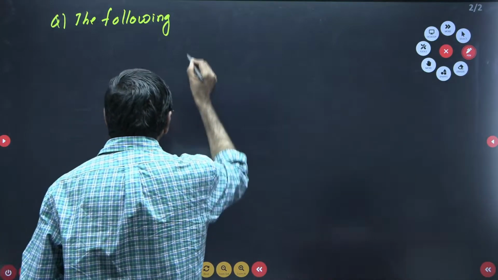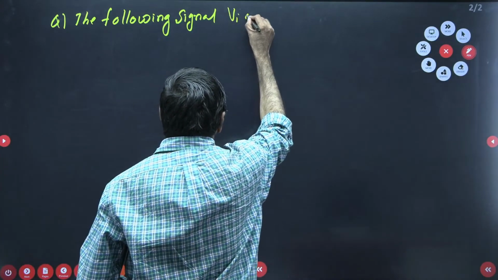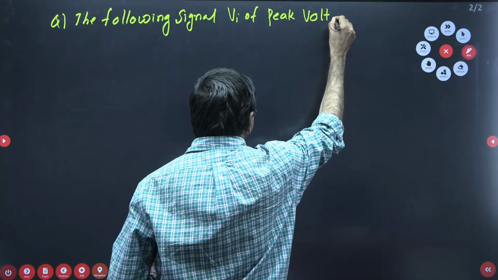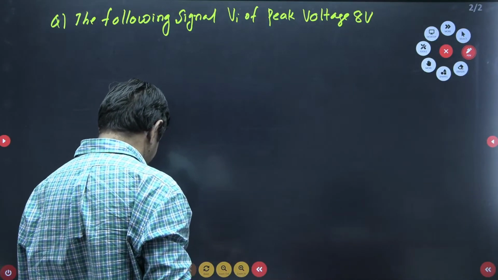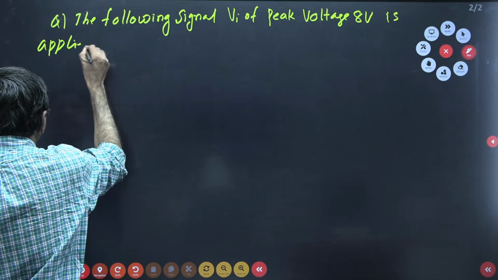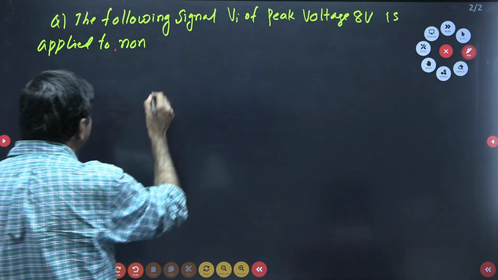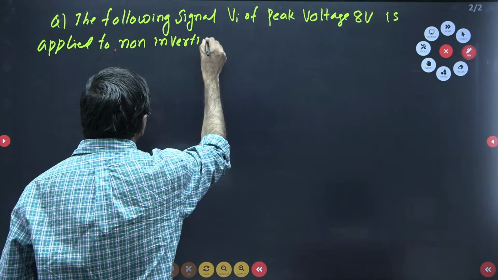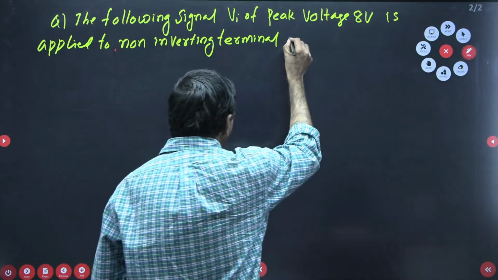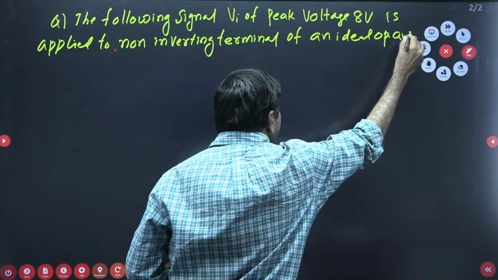The following signal VI of peak voltage 8 volts is applied to the non-inverting terminal of an ideal op amp, here given, ideal op amp.